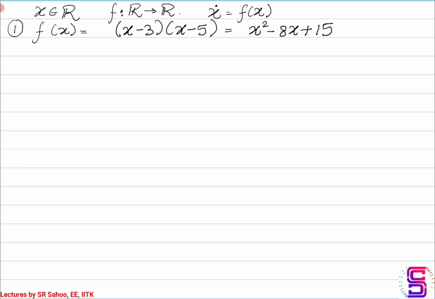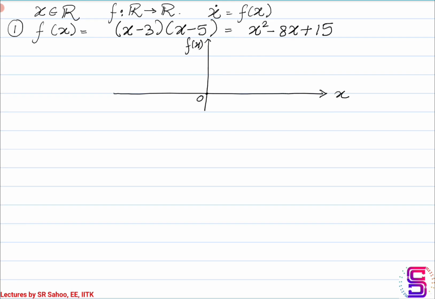To ease the way in which the vector field can be drawn, let's say this is the real axis, the x-axis, and this is the f(x) axis, with x equal to 0 and f(x) equal to 0 being at this particular point. So this is the origin of the x, f(x) axis system.